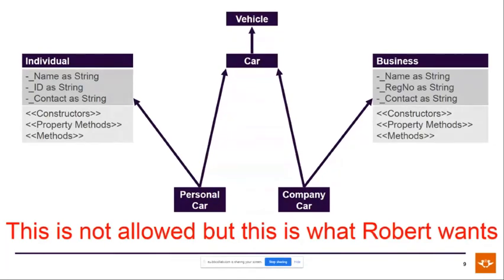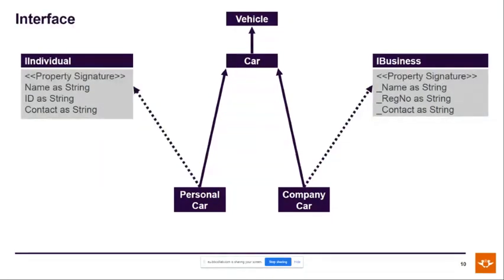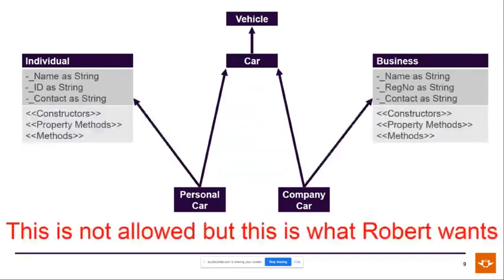So there is a sneaky way around this. Interfaces. So keep in mind that a class in itself has an instance variable, has the constructor, has the property methods, has methods. And it's basically computational code that is already implemented, that can be used when it is inherited.